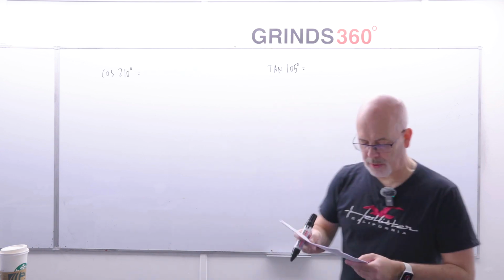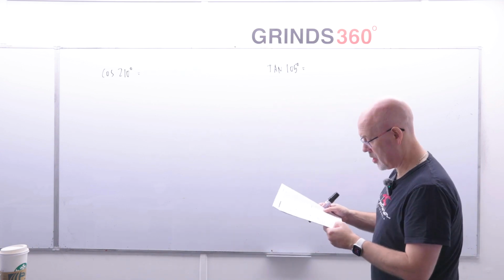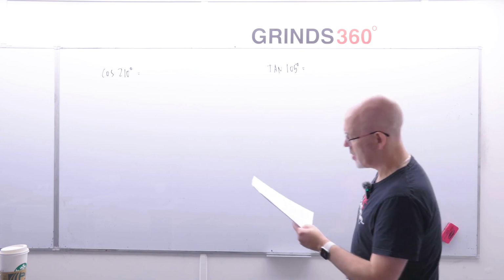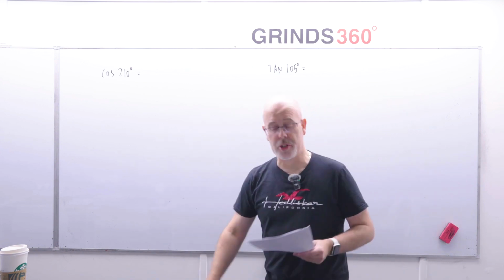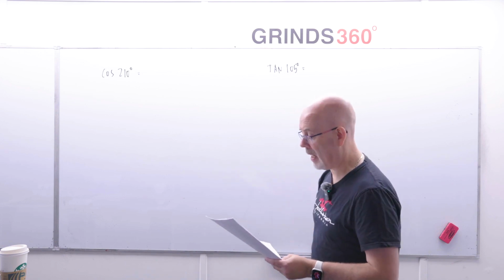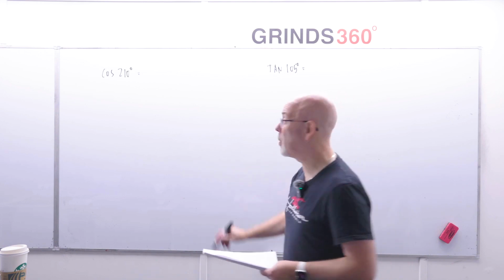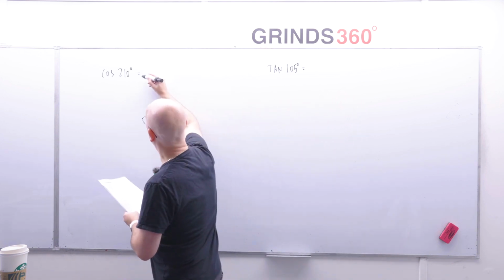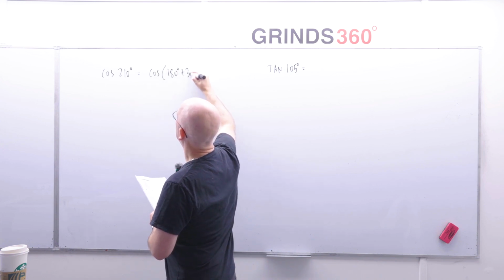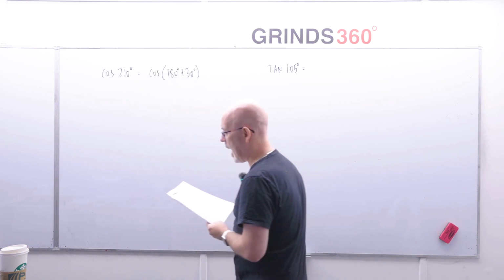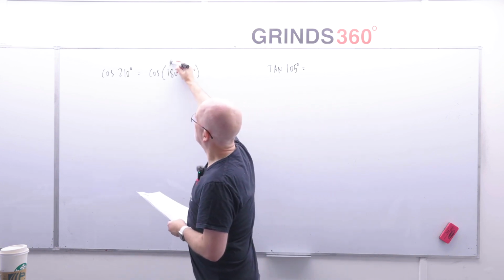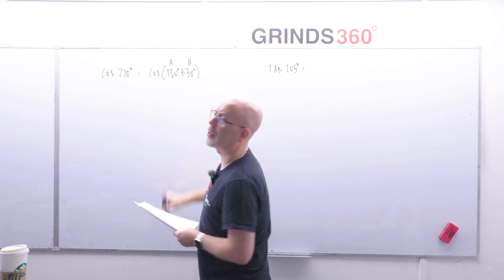Okay, so here's the next one then. Cosine 210, it's part 6 on the next page. So cosine 210, how do I make up 210? Well, I think the only way I can make up 210 with the angles given in the table at the top of page 285 is 180 plus 30. So I'll write it that way as cosine 180 degrees plus 30 degrees, and then I'll use the cosine A plus B formula, replacing A with 180 and B with 30.